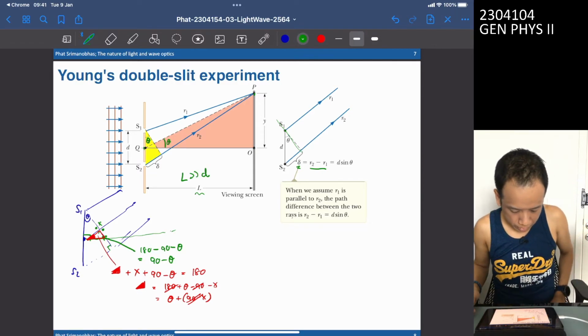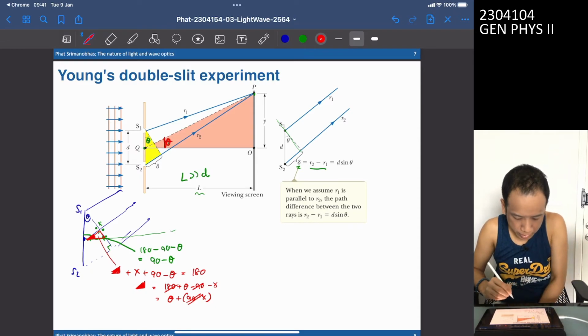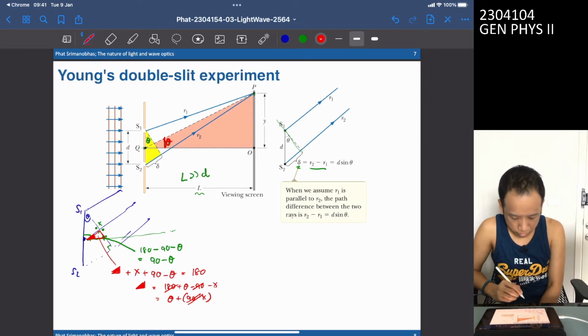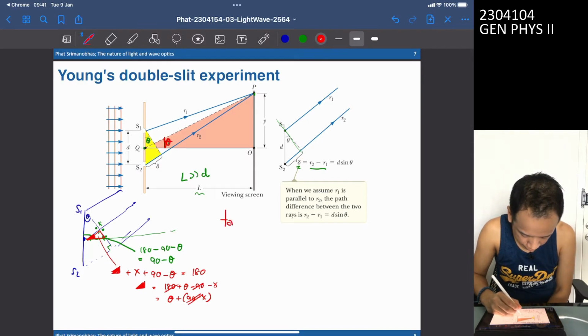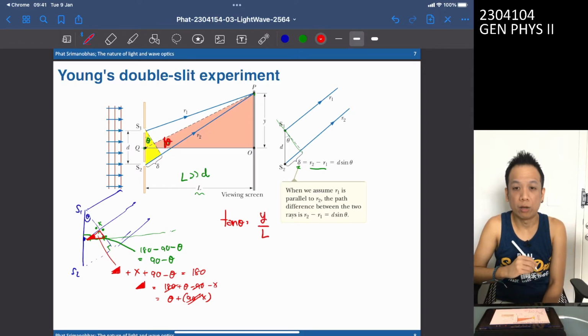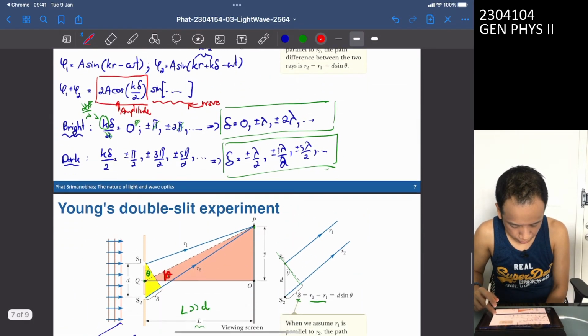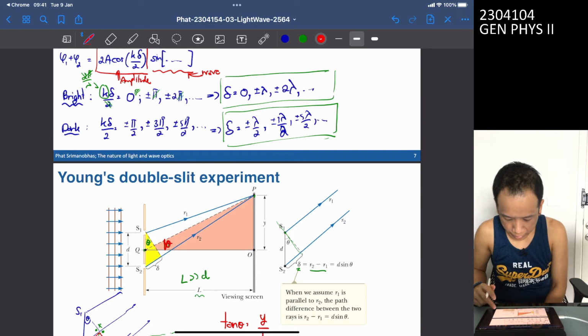Now that you have theta here, from the trigonometric relation, tan theta becomes y over L. And delta, as before, is d sine theta.